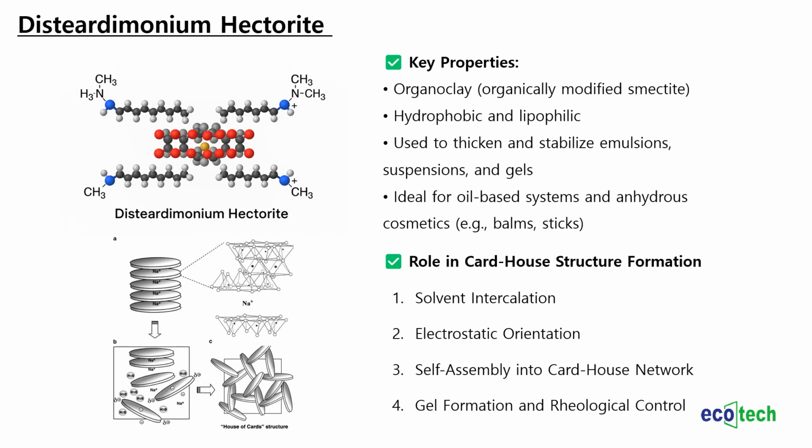These are replaced with stearalkonium ions, which are quaternary ammonium compounds featuring two long stearyl chains. This modification makes the clay hydrophobic and highly compatible with oils and esters, allowing it to function effectively in anhydrous and oil-based cosmetic formulations. One of the most important roles is the ability to form a three-dimensional card house gel structure.